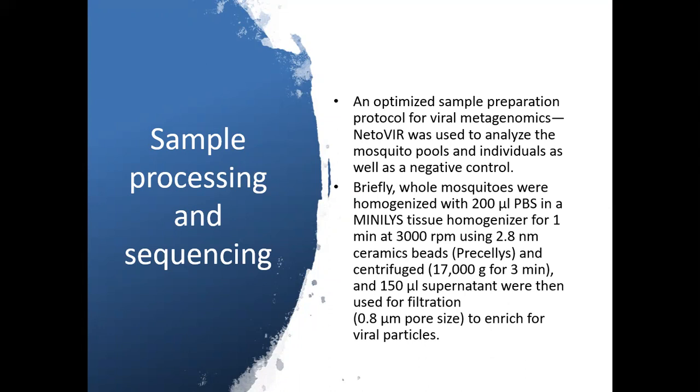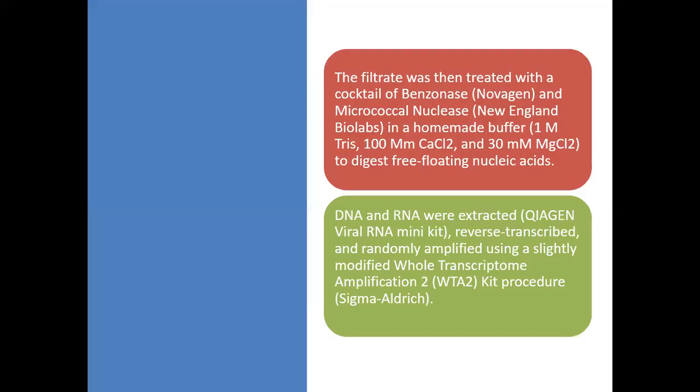Briefly, the whole mosquito was homogenized with 200 microliters of PBS in a minilys tissue homogenizer for 1 minute at 3000 RPM using 2.8 mm ceramic beads and centrifuged for 3 minutes. Then 150 microliters of the supernatant were used for filtration with a 0.8 micron filter to enrich for viral particles. So now we are at the filtration step.